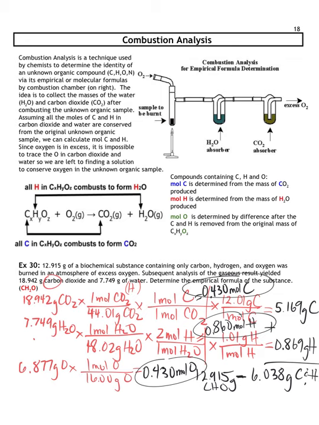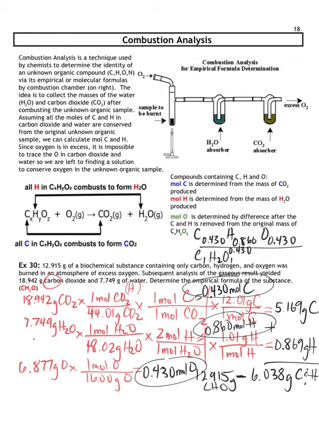And my formula, and I'm going to work my way up here so I have room, is carbon 0.430, hydrogen 0.860, and then oxygen 0.430. So I have my moles, and I know I'm going to divide by the lowest molar value. And when I do that, I get C1H2O1. So this is my empirical formula.